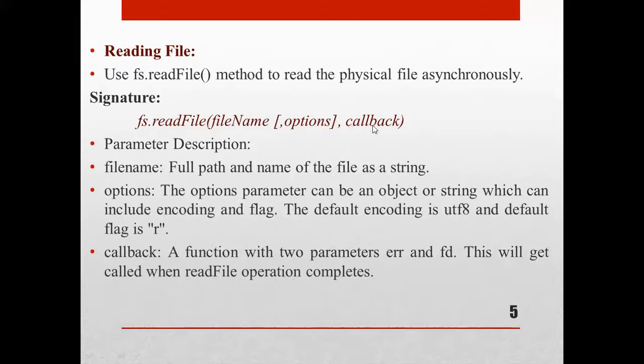The next parameter is callback, a function with two parameters, error and fd, which will get called when the readFile operation completes. Whenever that file operation completes, it will return an error if the file is not found, or it will return the data when the readFile operation completes. These are the parameters for readFile: using the object fs.readFile with the file name, the flag and the callback.